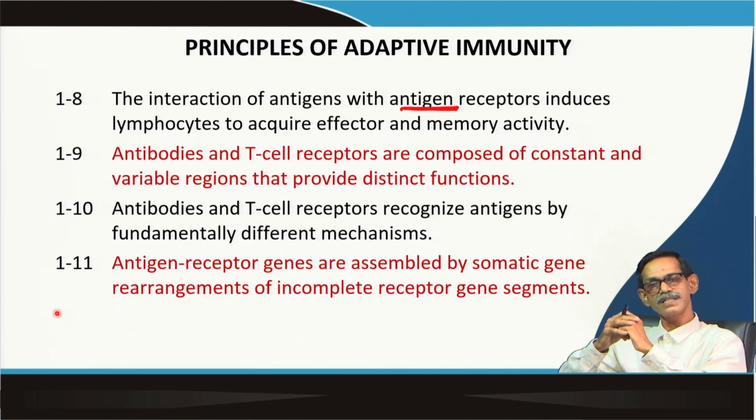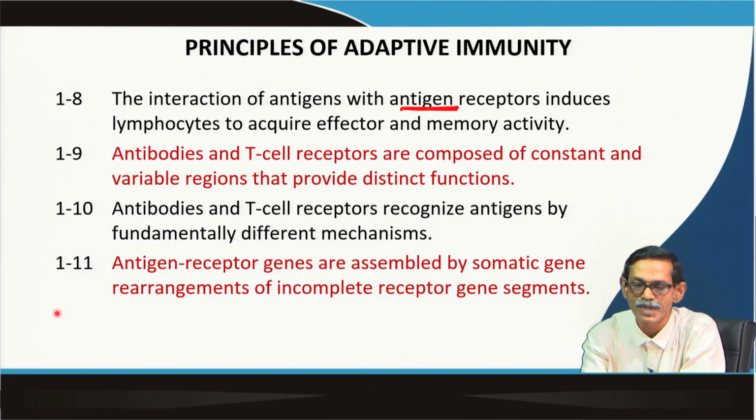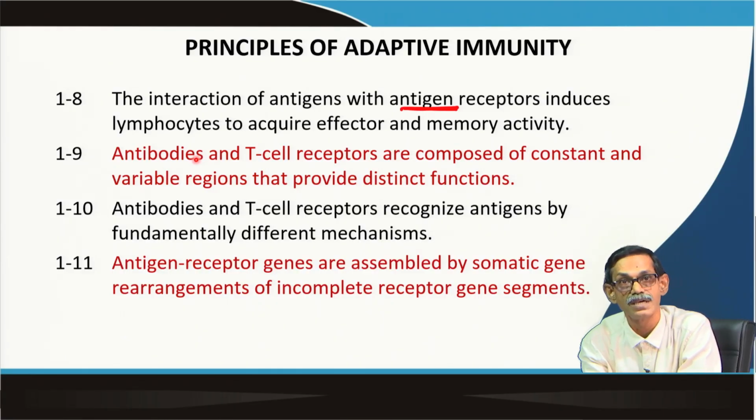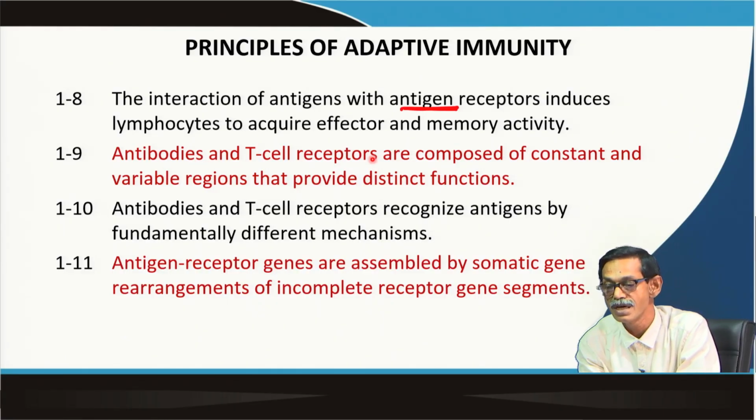Okay. There is another term I am just mentioning now, which is immunogen. I will discuss it a little later. Antibodies and T cell receptors are composed of constant and variable regions that provide distinct functions. We will come very soon to what this is. Antibodies and T cell receptors recognize antigen by fundamentally different mechanisms. Okay.